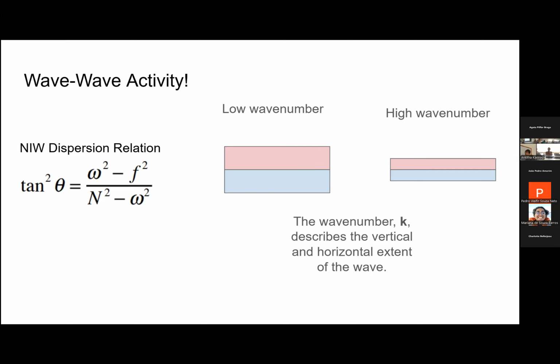As you have one slab of water moving in a different direction from the slab underneath it, that causes shear. When you get ADCP data in the ocean, sometimes it's hard to see the signal of an internal wave with just velocity, but if you plot shear, it can come out a lot clearer. And this is just a representation of the different layers of shear that you would see.